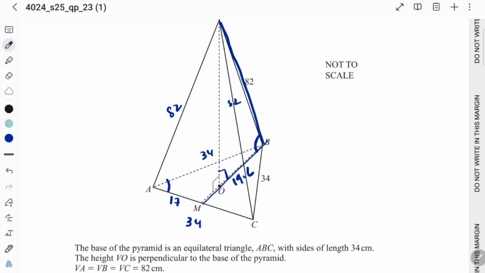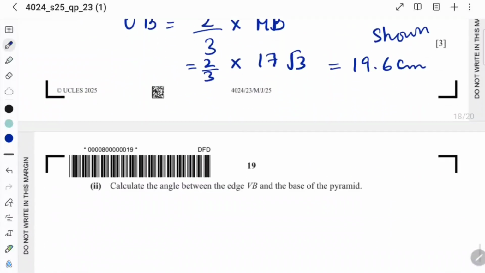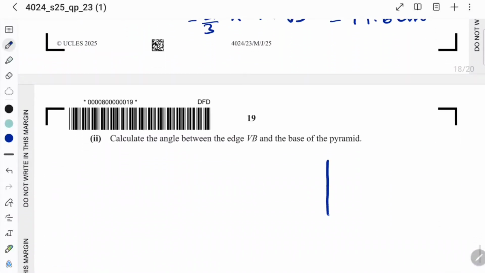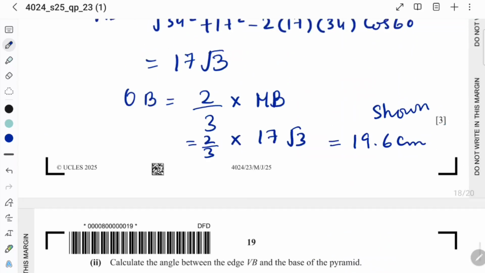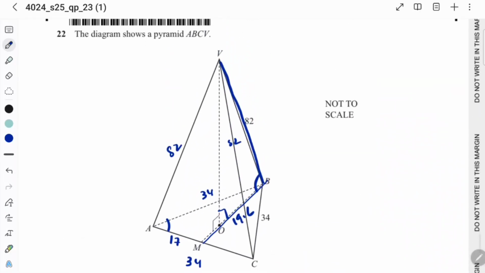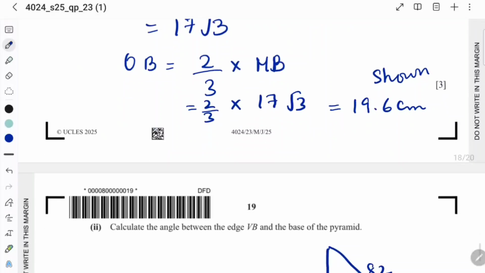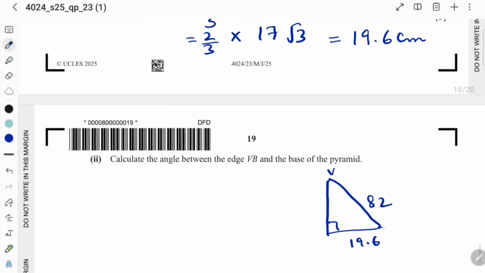Okay, other angle. So I'm just drawing it here. 90 degree, that was 19.6, and 82, and it was VBO. Alright, so this is VB and the base.